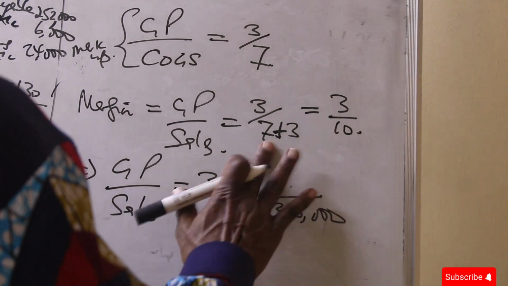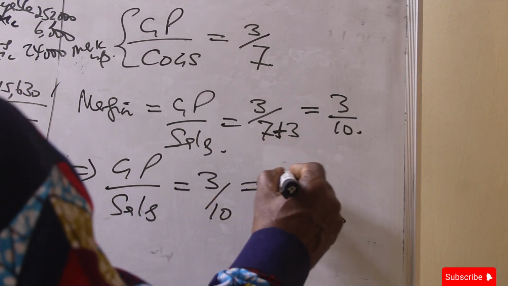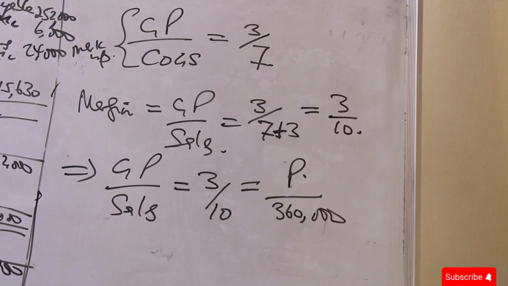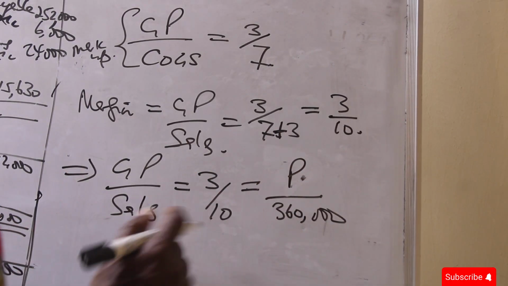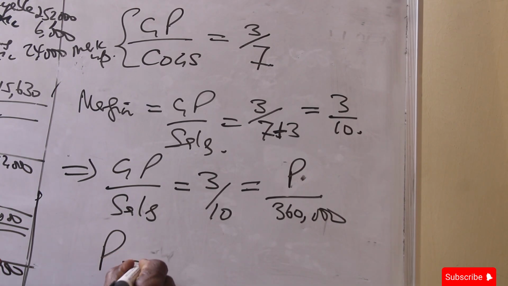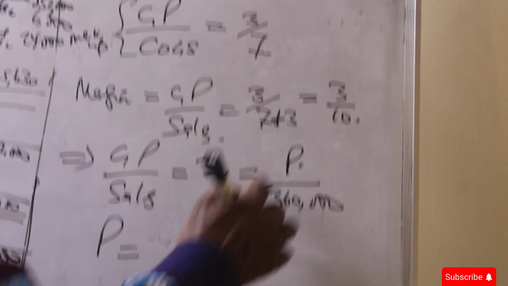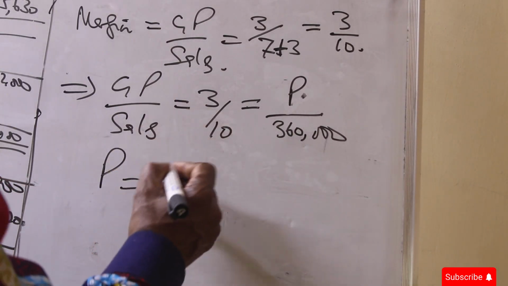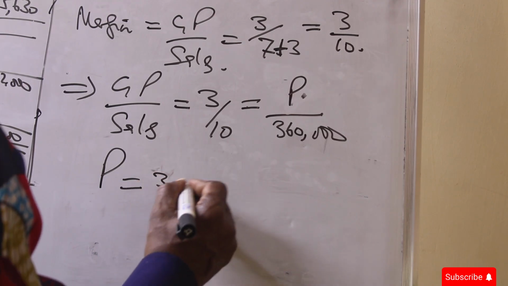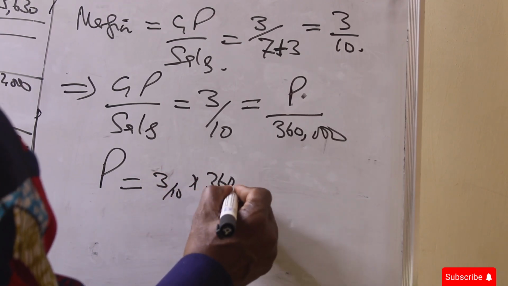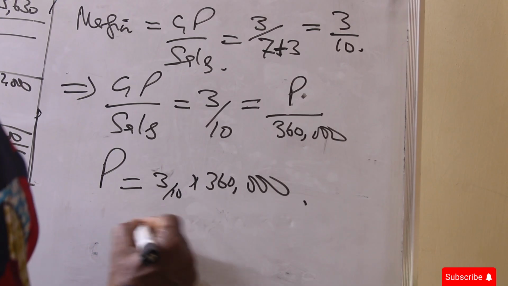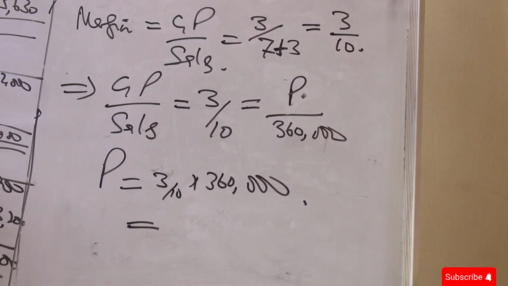Let's call it P. From this, P is equal to, we multiply by 360 both sides, 3 over 10 times 360. You get what?